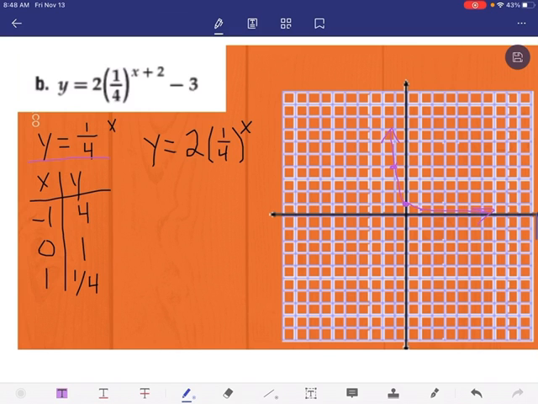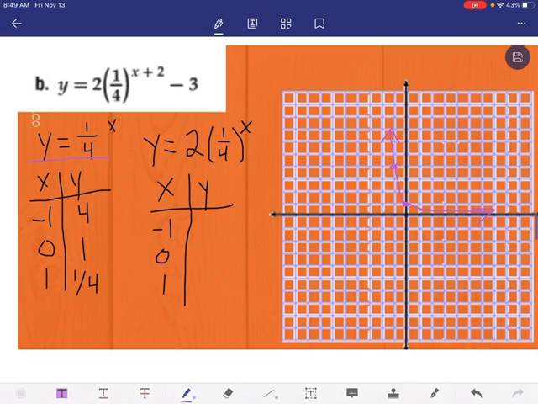So it's a really common mistake that people want to go ahead and try to combine those and say that I only have 1/2 x to the x plus 2, but we can't do that because we have to do our exponent first. We don't know what our exponent is, so we can't do the multiplication yet. But once we start plugging in values, then we can do that multiplication.